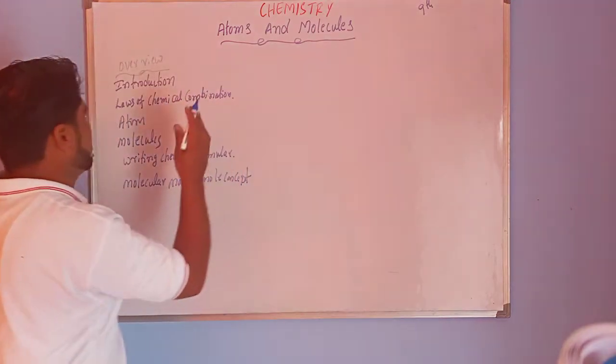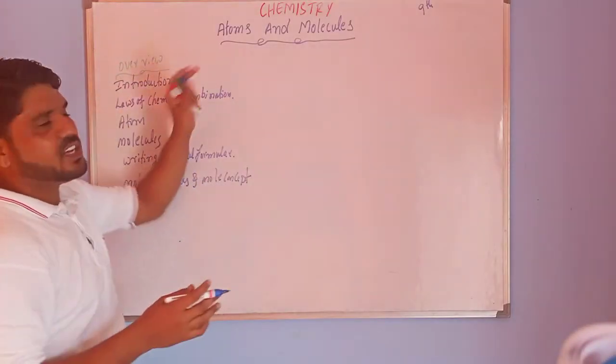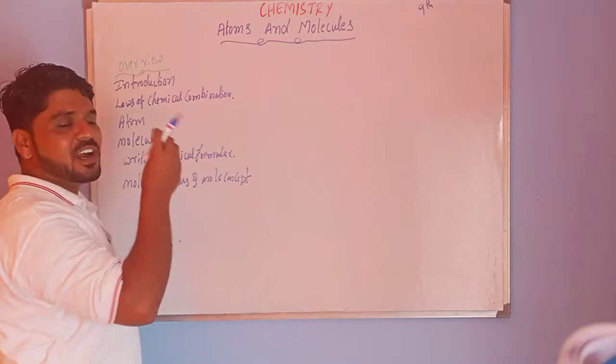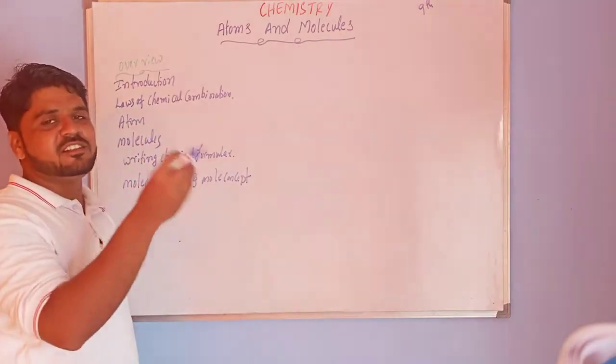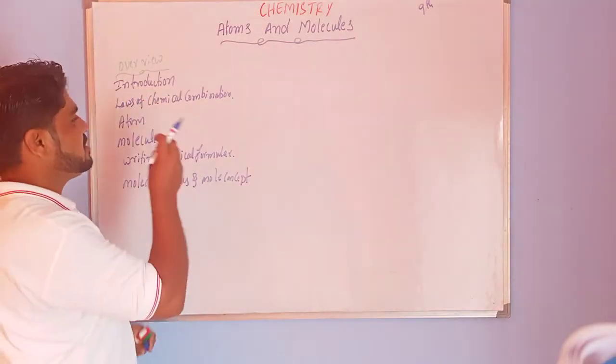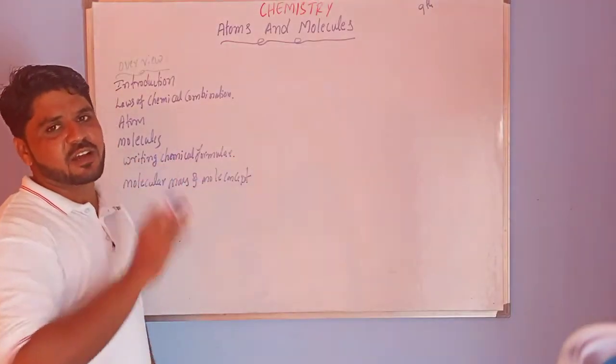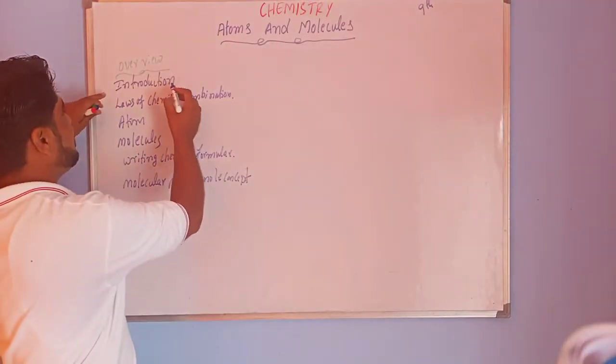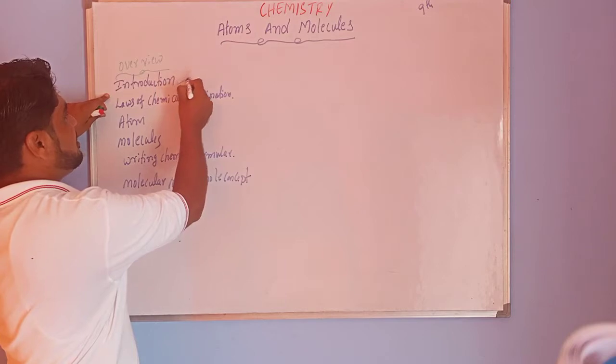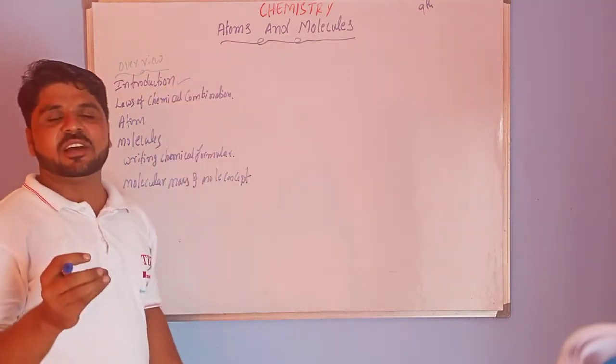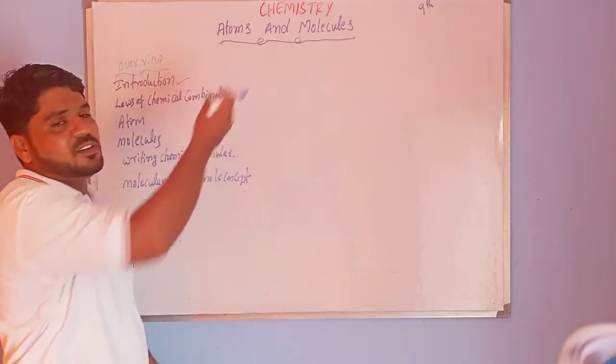So first you should know the overview of the chapter. That means what concepts are present in this chapter, and what points we should learn. First, the introduction, that is what is meant by atoms and molecules.